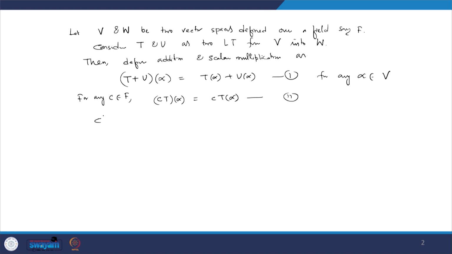Then claim: T plus U is also a function from V into W and also a linear transformation.